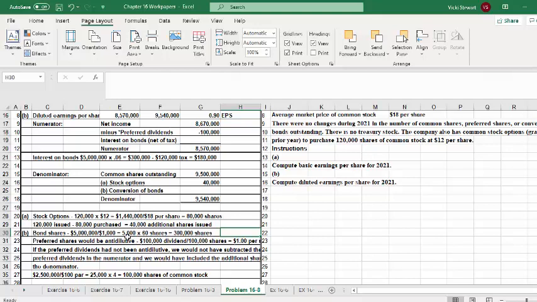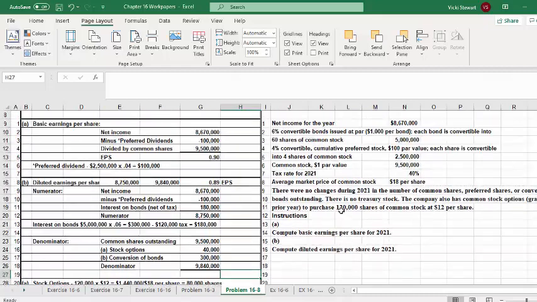If each one of those were converted into 60 shares of common, that would mean an additional 300,000 shares would be issued. We know that 180,000 in the numerator and 300,000 shares in the denominator is going to make earnings per share go down. So that would be true. They are dilutive. They would decrease earnings per share.